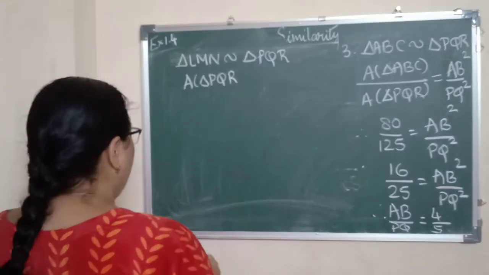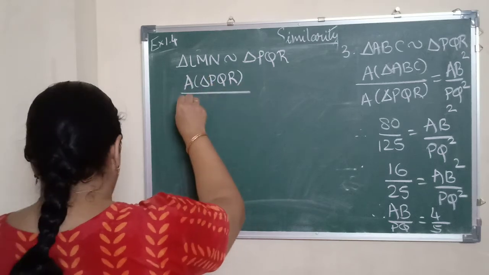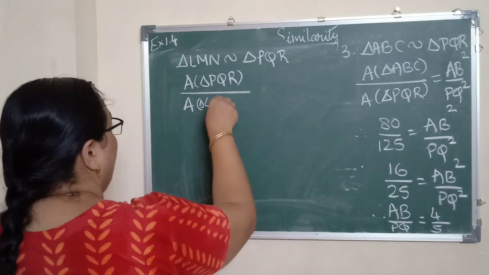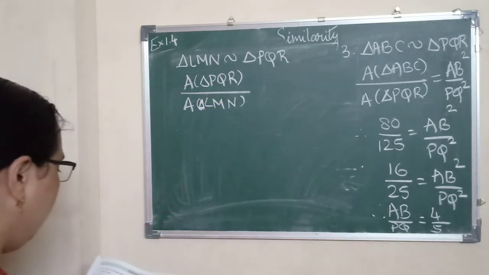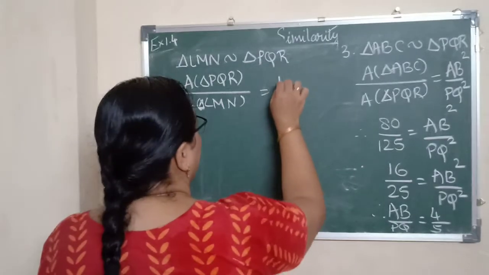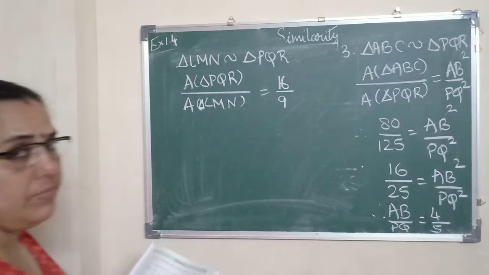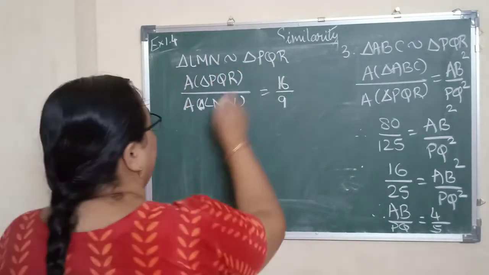PQR, or if you want LMN on top, you can keep that way also. There is no harm keeping this as PQR upon LMN. So what is that equal to? 16 upon, yeah, the 9 of PQR comes down as the denominator. Got it? And since the triangles are similar, what can we say?